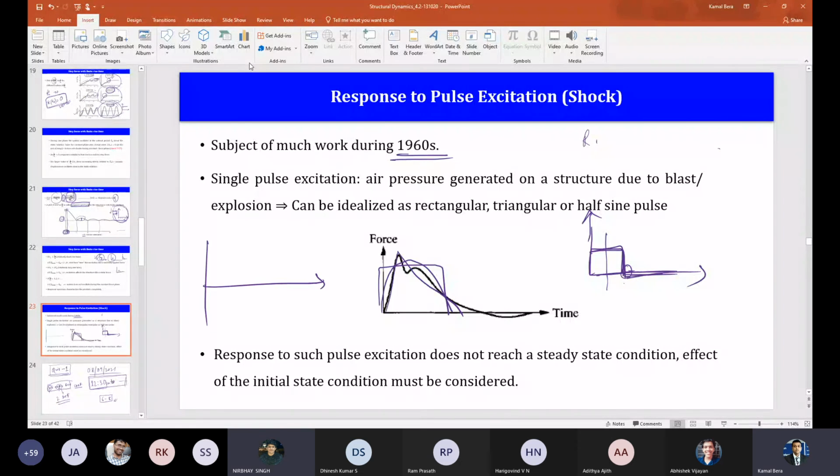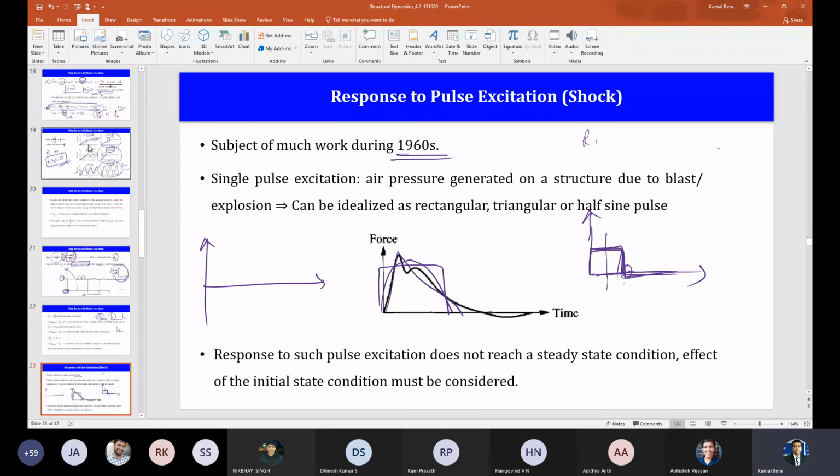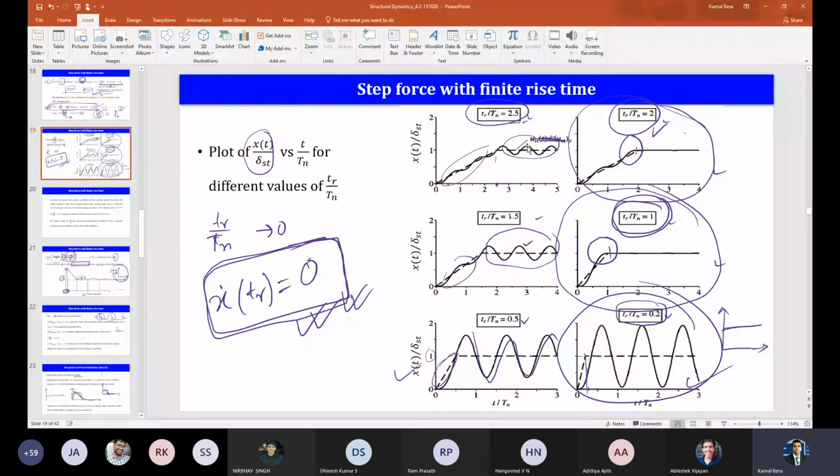You see, it is reaching a particular value at last. That is called the steady state. In these cases, you see this load is stopping here. It's sudden, just for a short period, and then finished. So it will not be a steady state. Very short period. Now I think you understood your doubt. You are saying that here it is reaching steady state, right? Yes, sir. But there the force is continuous.